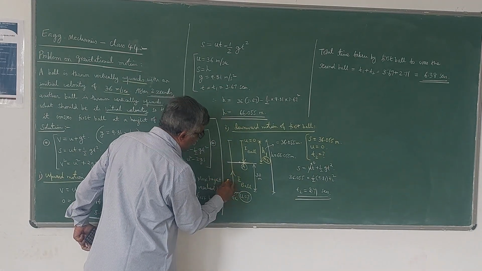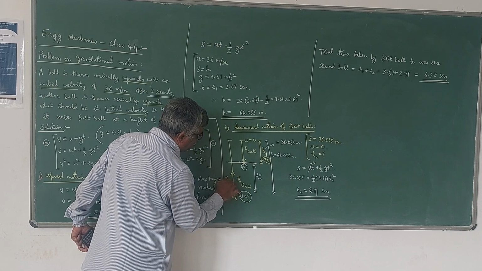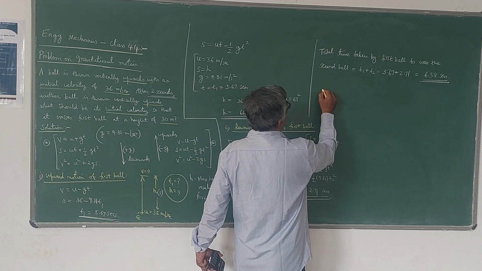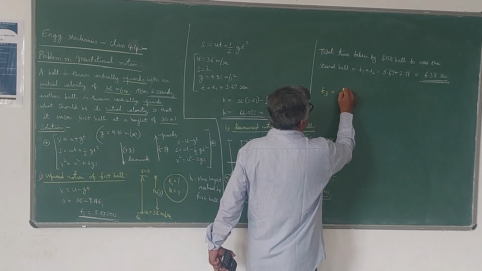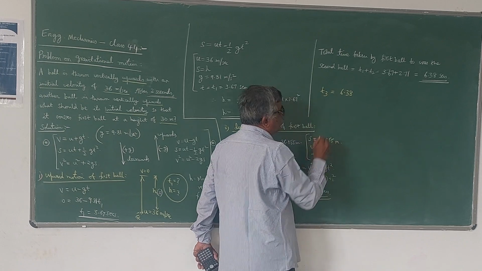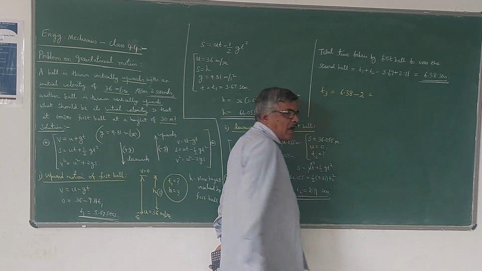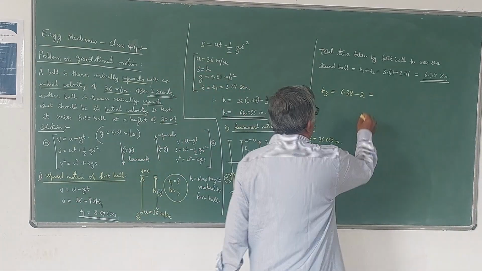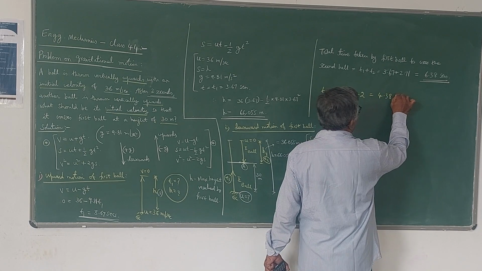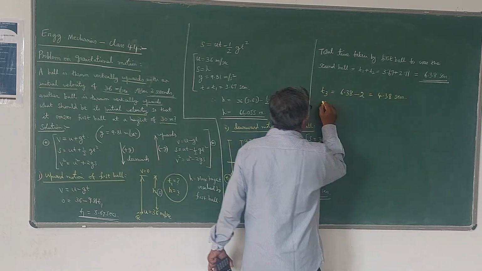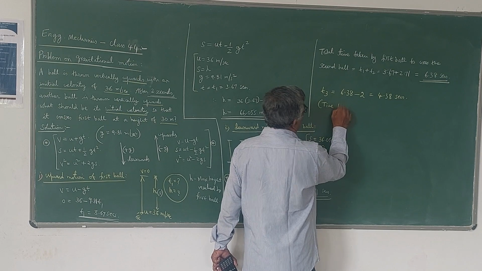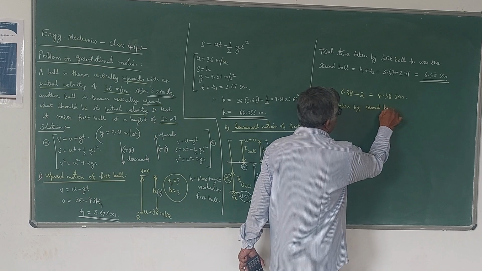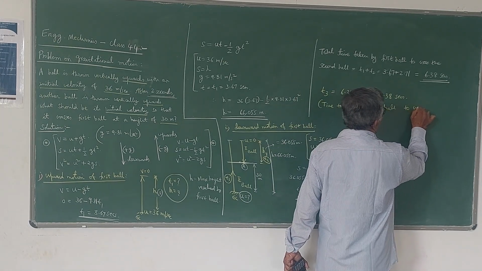If I take it as t3, then t3 will be equal to 6.38 seconds taken by the first ball minus 2, because I have to deduct the 2 seconds after which the second ball is thrown. That means it is 4.38 seconds. So 4.38 seconds is the time taken by the second ball to cross the first ball.